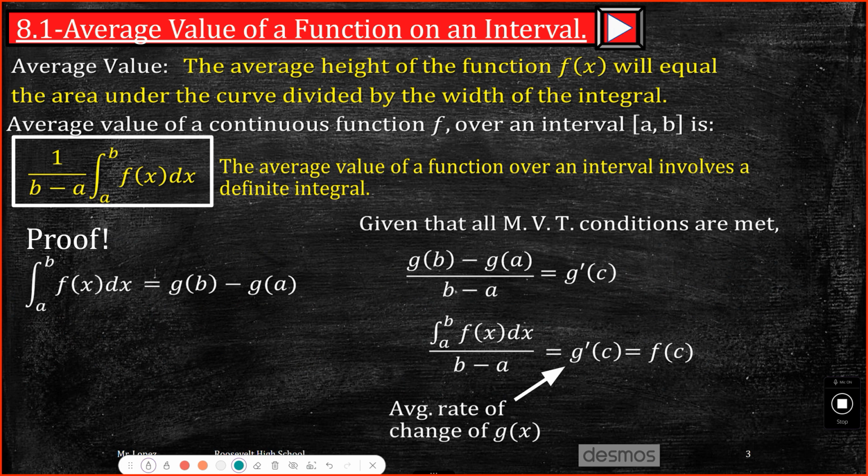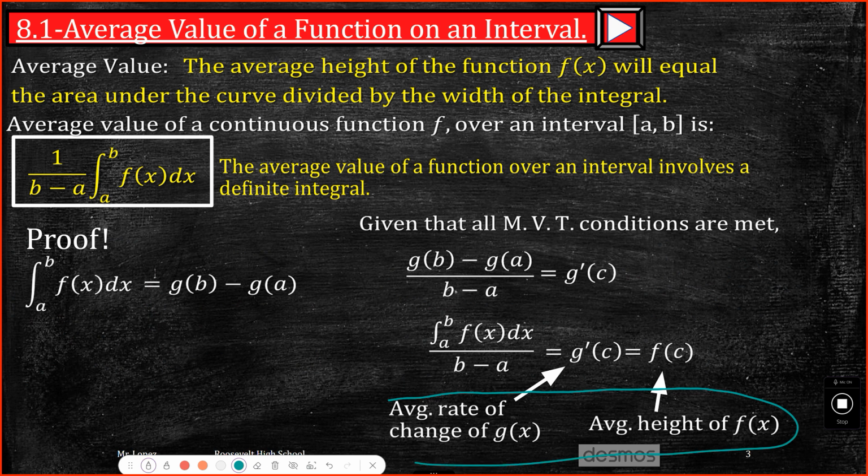This is the average rate of change of the antiderivative of F evaluated from A to B, which is equal to the average height of F of X. So the average height of F of X is equal to the average rate of change of G of X, which is the antiderivative of F. This is a good statement to remember.